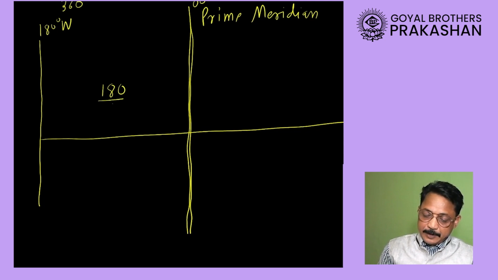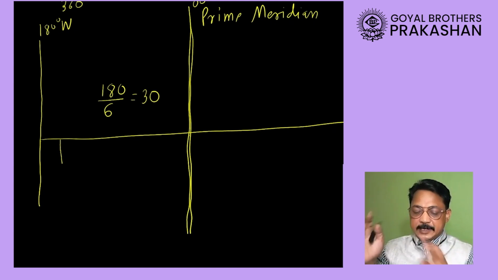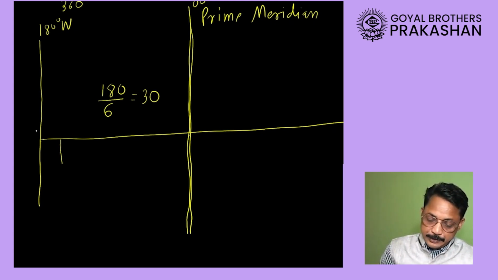If I divide them in groups of 6, I will get 30 groups of longitudes from west to east, up to the prime meridian. So first 180, dear students, not 0 to 6. From 180 on the westernmost side, I have to take a group of how many? 4 plus 2, that means 6. So 180 here.